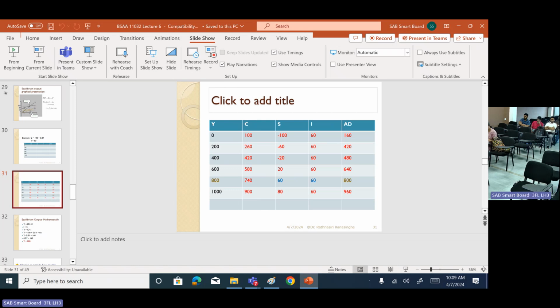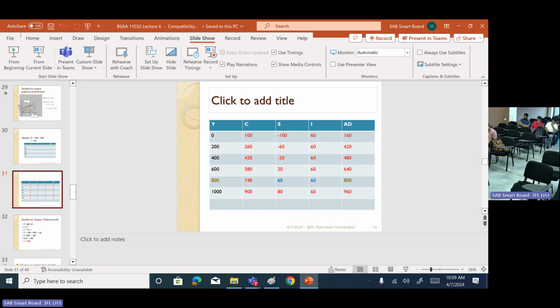That means we are utilizing the resources. Now here we have the unemployment problem. We are not utilizing the resources fully, right? Unemployed resources, this is the actual output. And this is the full employment, potential output level, when we are utilizing our resources fully. We are trying to reach the full employment output level from the actual.